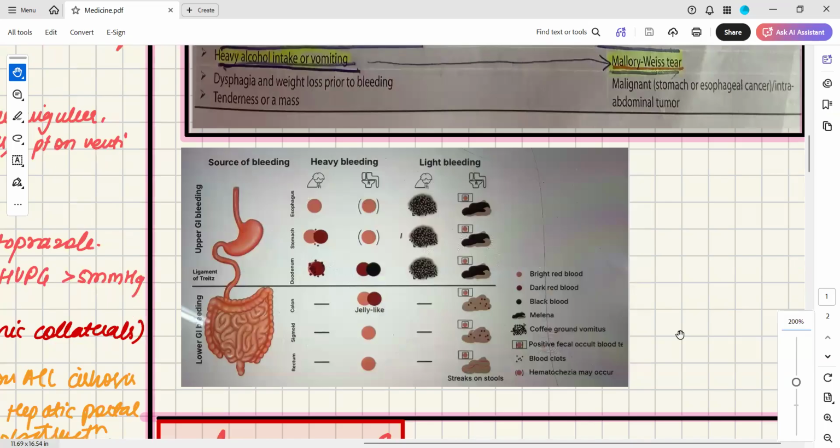The appearance of vomitus or melena is so useful that based on it we can classify whether it was upper or lower GI bleeding, heavy bleeding or light bleeding.